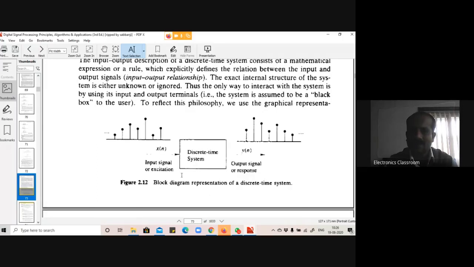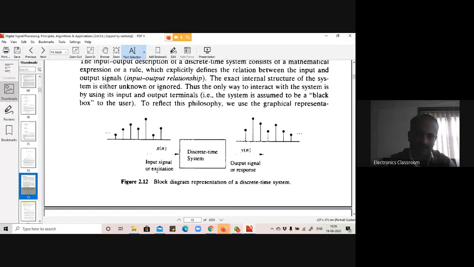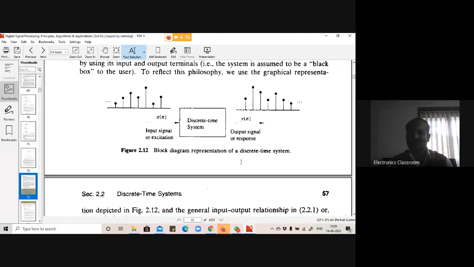So x(n) is input signal, or it is also called as excitation, which is given to that block which is discrete time system, and we got output which is equal to y(n), and which is output signal or response. It means to any system, if we provide certain input signal or excitation, then we got some output signal or a response. So instead of input signal and output signal, we can say excitation and response.